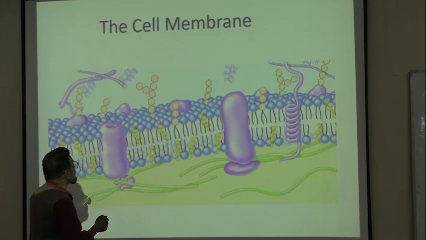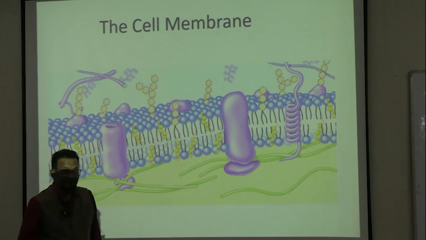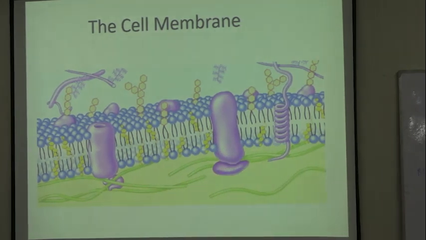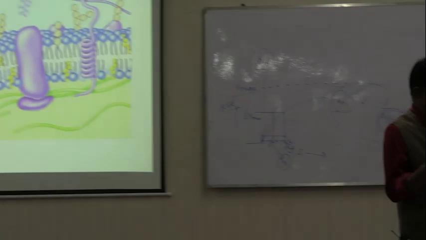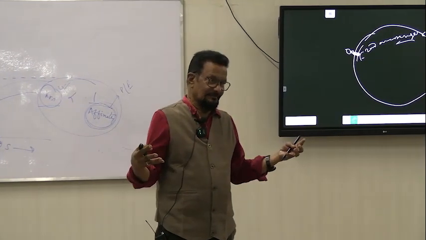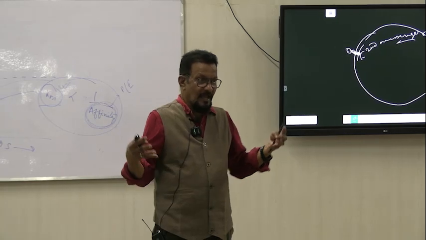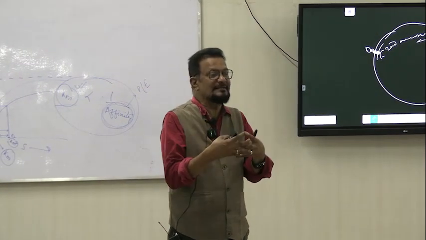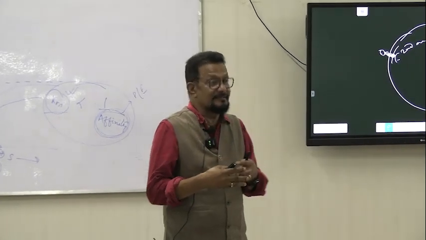In between you can see these are the cholesterol. Cholesterol renders flexibility. If there is more cholesterol, the membrane is more flexible. Less cholesterol, it's less flexible, meaning it is rigid.